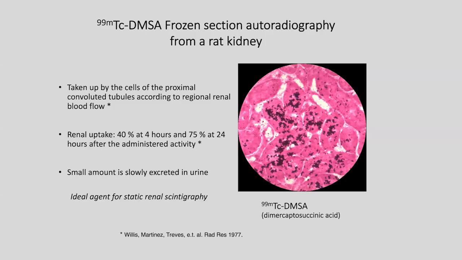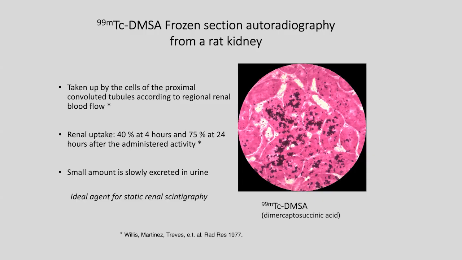The renal uptake of DMSA is about 40% of the administered activity at 4 hours, and it continues to go up to about 75% at 24 hours after the administered activity. Very small amounts of the tracer are slowly excreted in the urine. Because the tracer is taken up and stays in the kidneys, it is an ideal agent for static renal scintigraphy.